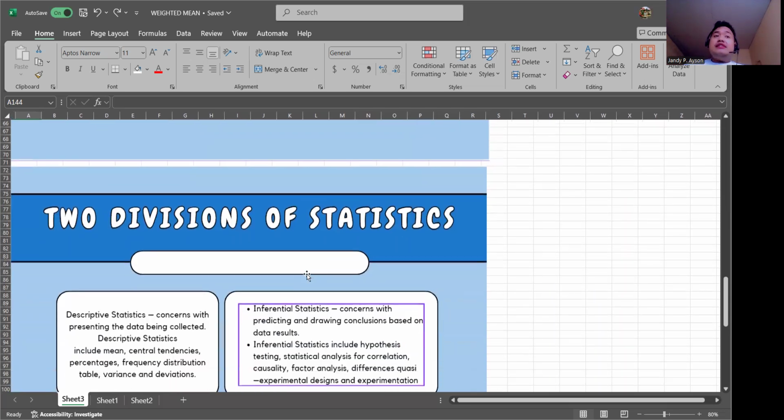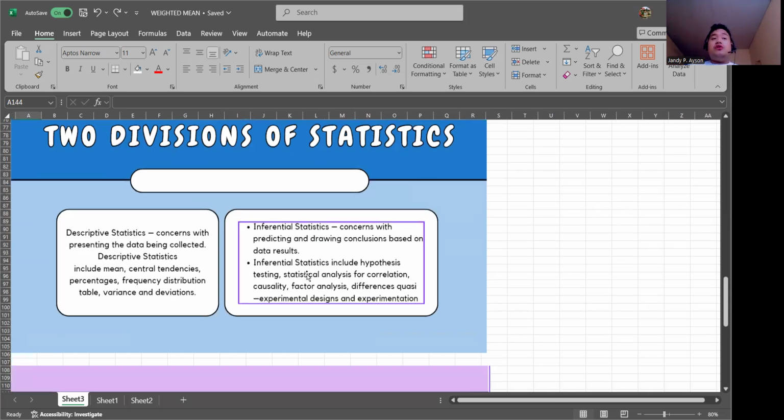When we say statistics, it is divided into two divisions. We have descriptive statistics and inferential statistics. Basically, the difference between the two is pag sinabi nating descriptive statistics, concern ka lang sa presentation of the data that is being collected, meaning you're after showing parang the total tally, the amount of the responses you were able to gather from your respondents.